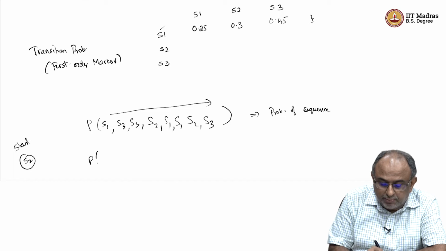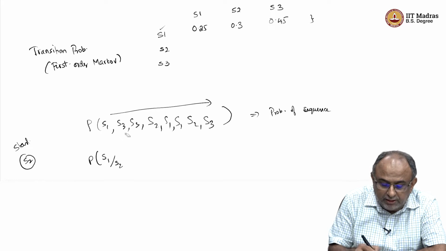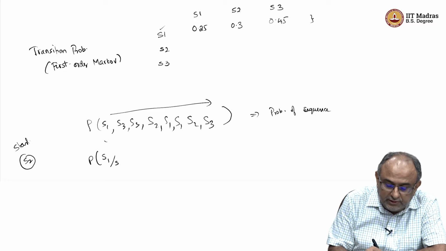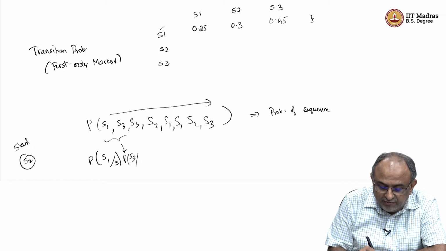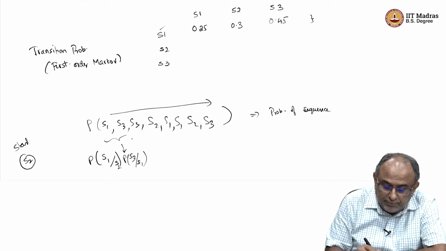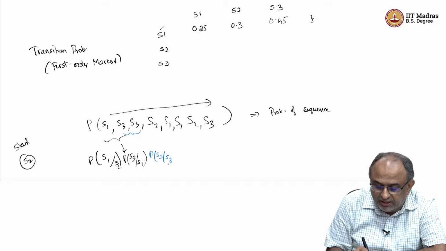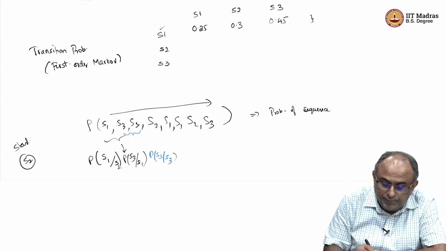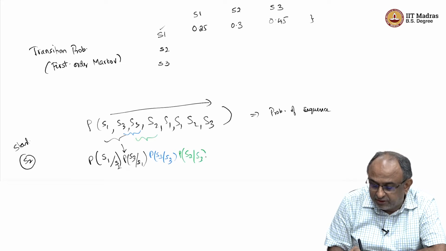So this becomes the probability of S1 given S2. Then this will be the probability of S3 given S1. Then this will be the probability of S3 given S3. Then this will be the probability of S2 given S3. That's the way we are going to compute.